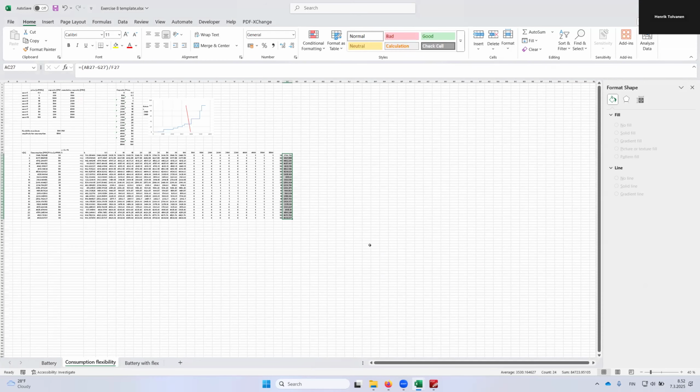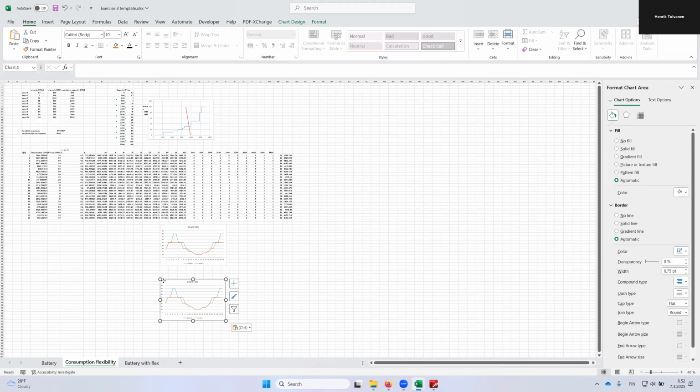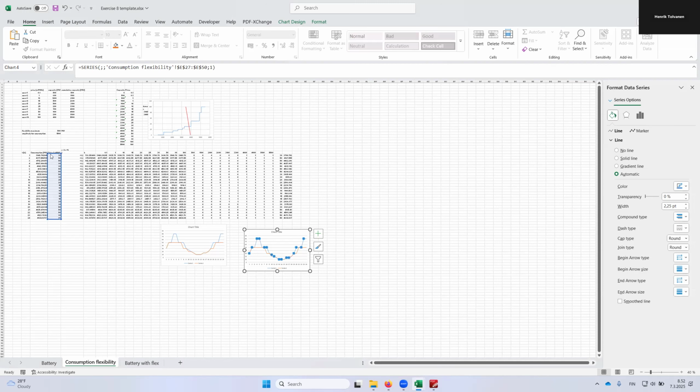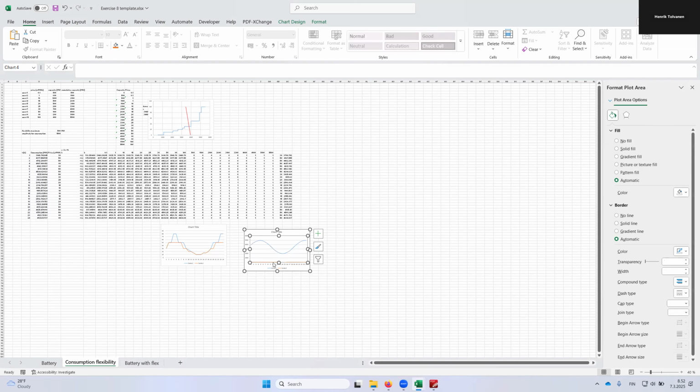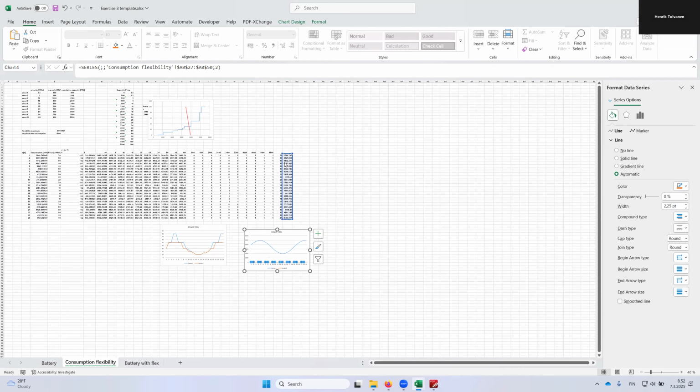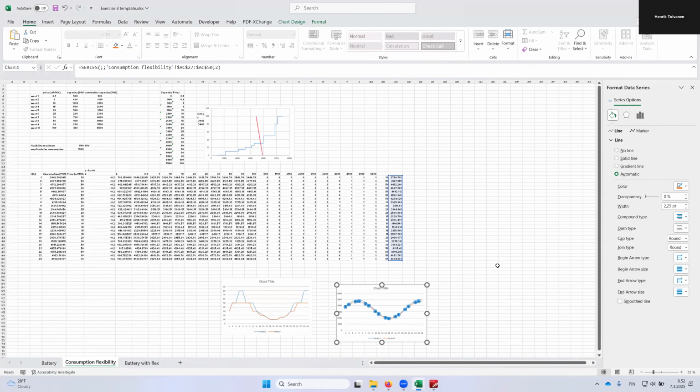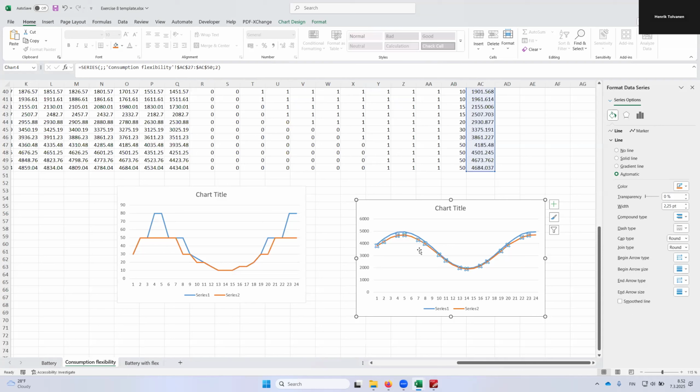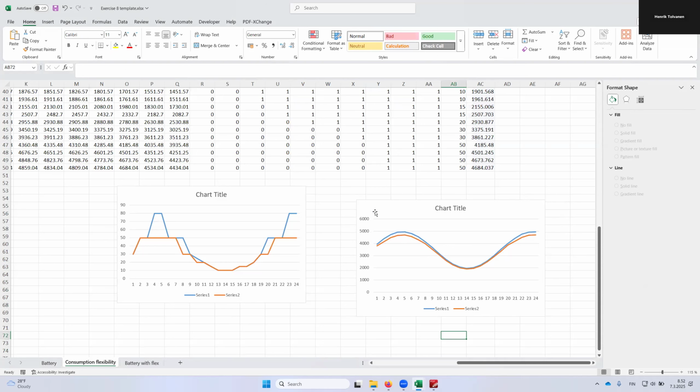Yeah, seems to be. So now we can also plot. This is the price, and this is going to be the consumption. So consumption in there and consumption in there. Now you can see that the consumption is only being decreased, and that is reasonable with this consumption flexibility, or the load flexibility.